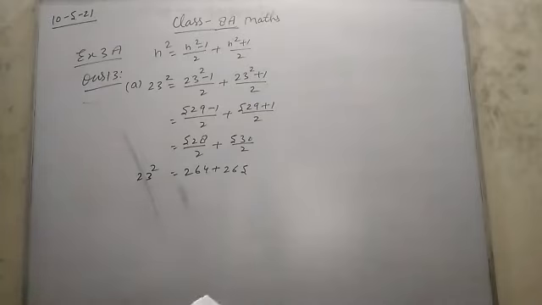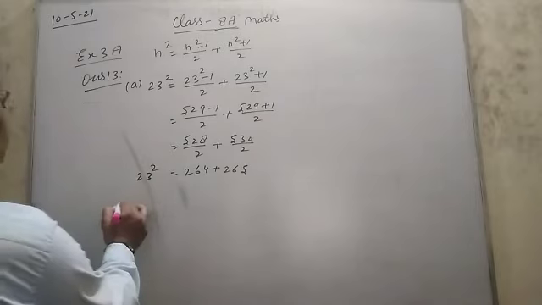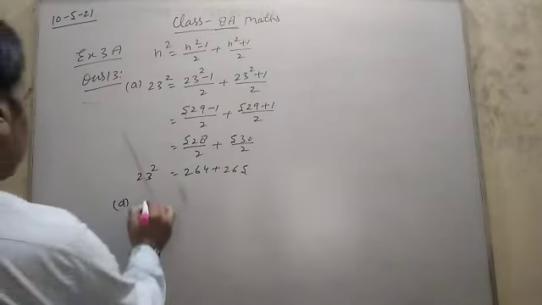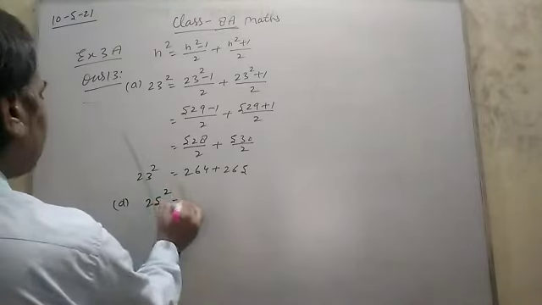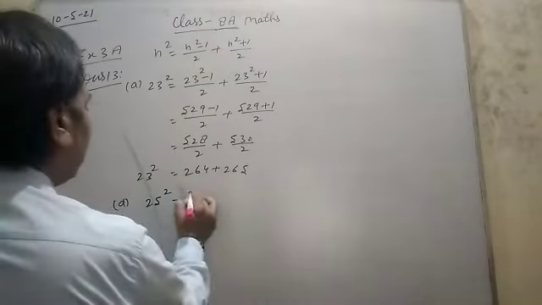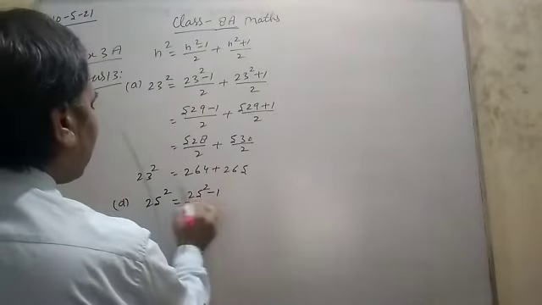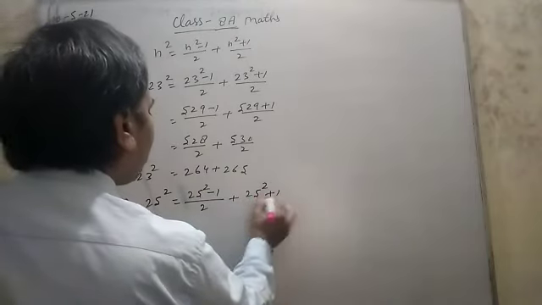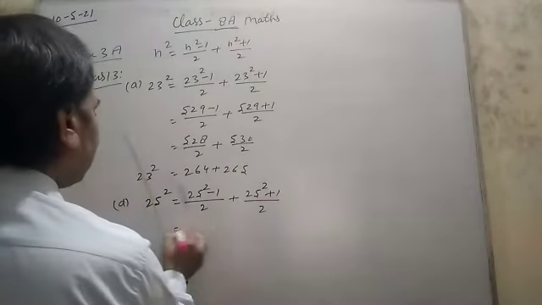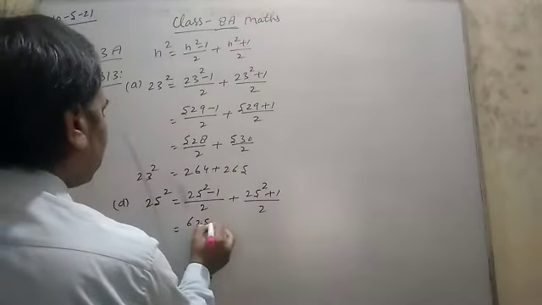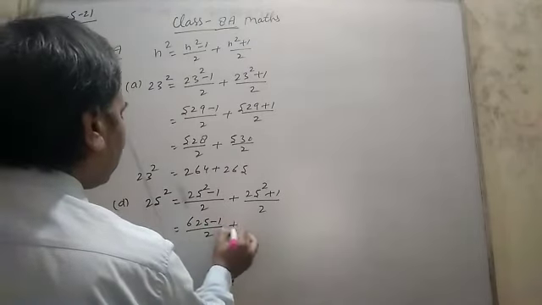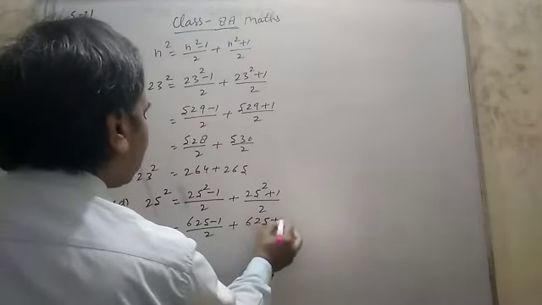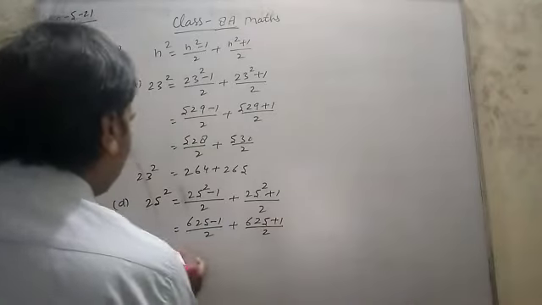Similarly, there are remaining parts also. So one more part you see, part D, 25 square. So this also like that. So 25 square minus 1 upon 2 plus 25 square plus 1 upon 2. Then simplify it. So 625 minus 1 by 2 plus 625 plus 1 by 2.